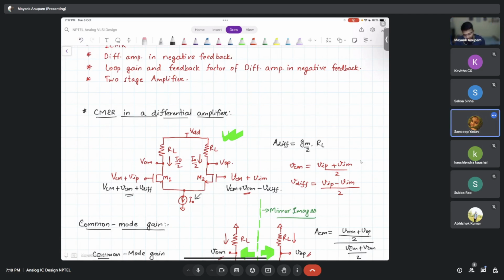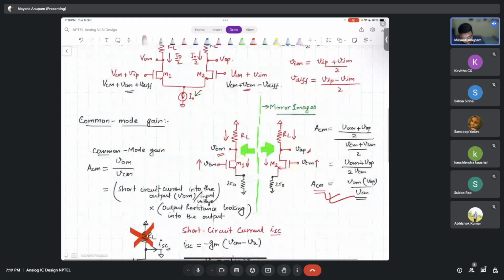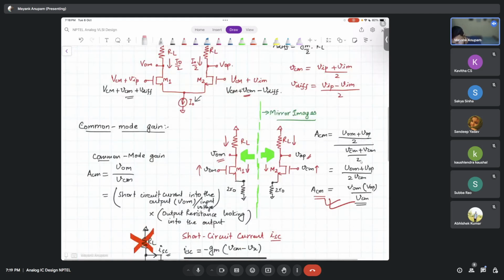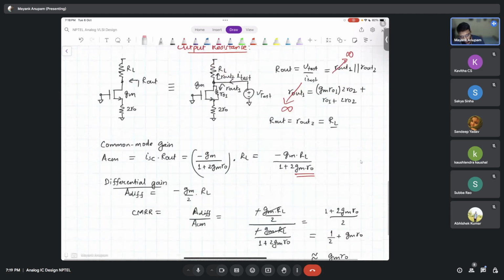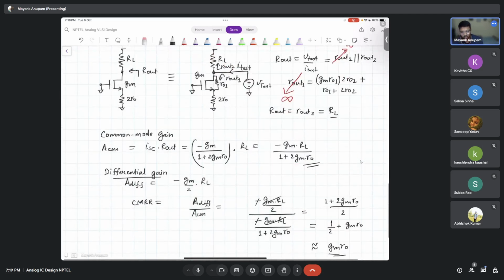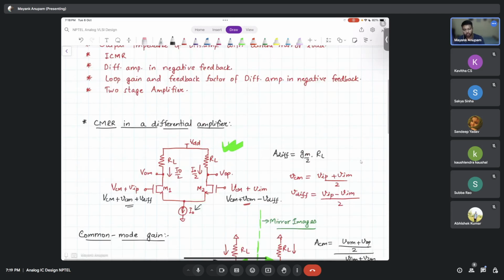So which means that the common mode current cannot flow in this particular situation, right? Which means that if the current is not changing here, there cannot be any voltage change here, right? VOM and VOP cannot change because of any common mode signal at the input. So that is why, when the current source becomes ideal, the common mode gain from input to output also becomes equal to 0, because the current source enforces a condition on the total current that is going to flow through.